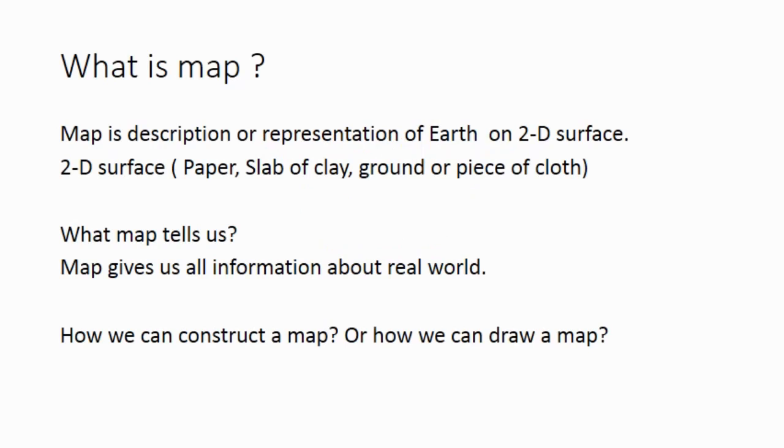Dear students, map is a description or a representation of Earth on a 2D surface. That 2D surface could be a paper, slab of clay, ground, or piece of cloth. Dear students, now the question that should be in your mind is what map tells us.